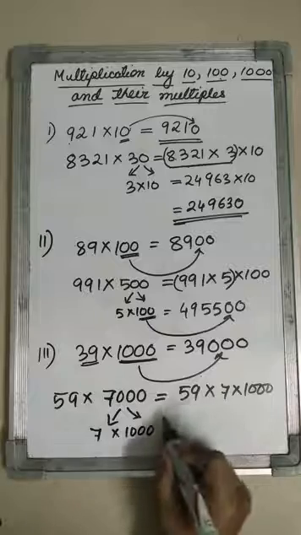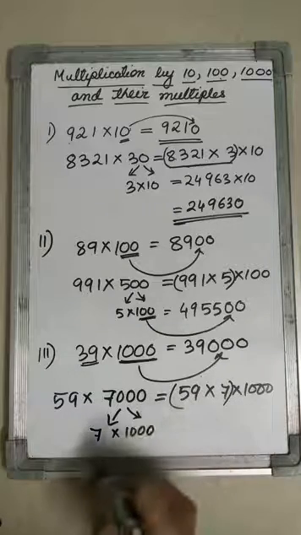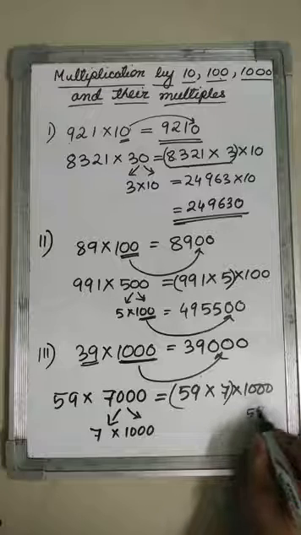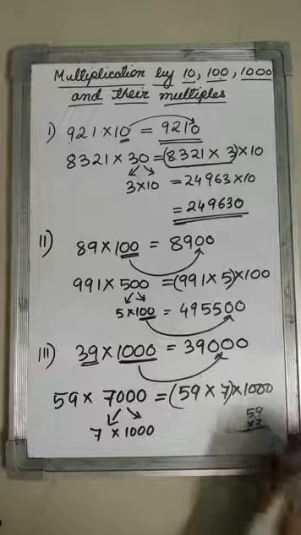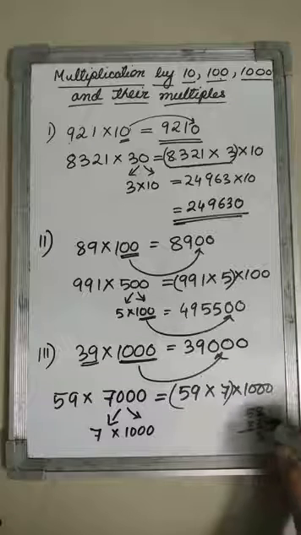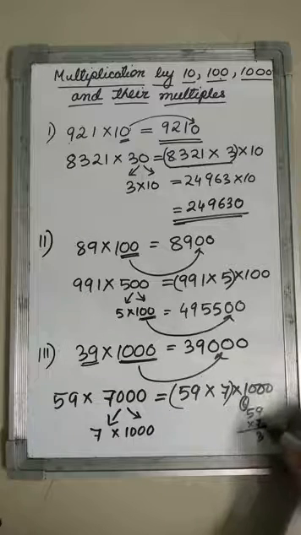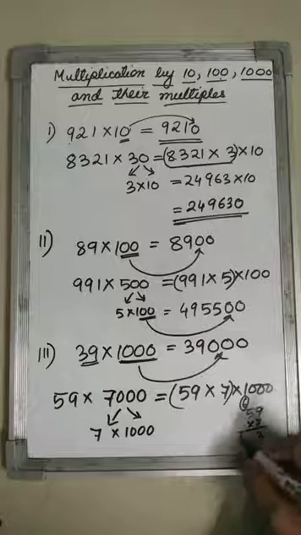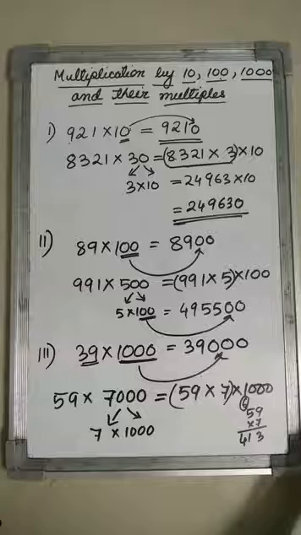So make a pair of 59 and 7. What is 59 into 7? I am doing the rough work. 7 into 9 is 63, 6 carry. 7 into 5 is 35 plus 6, that is 41.